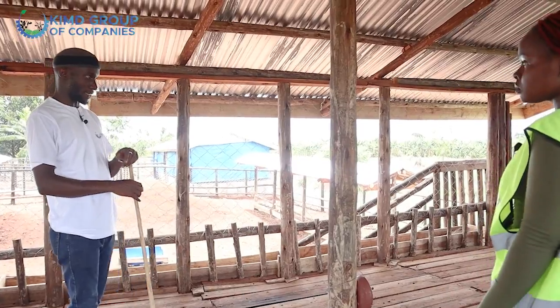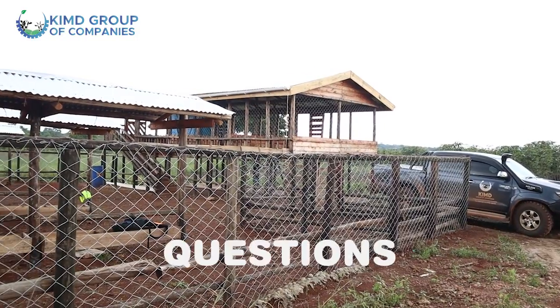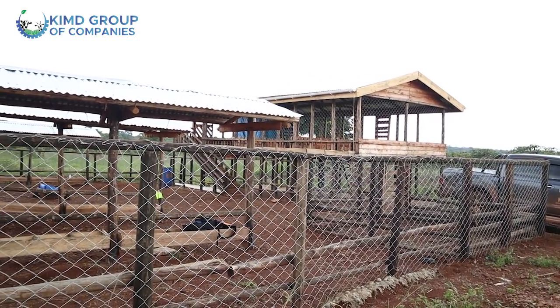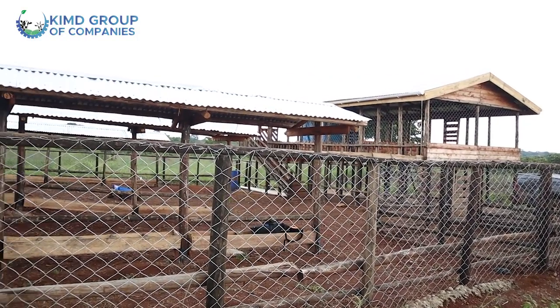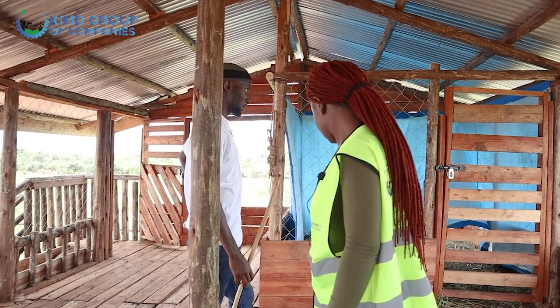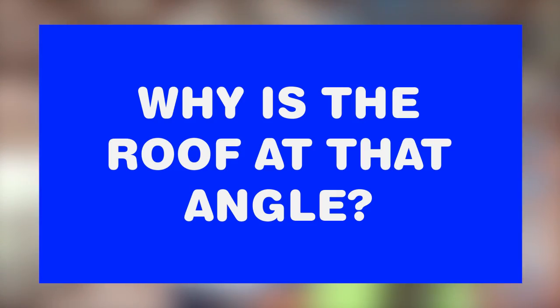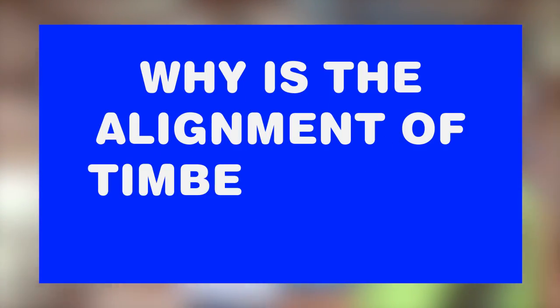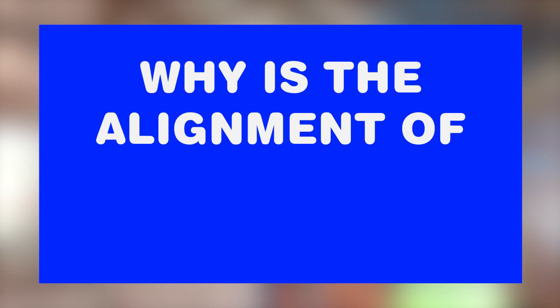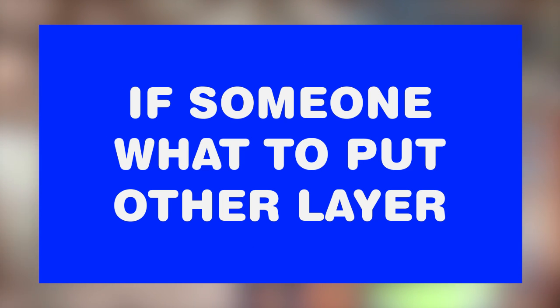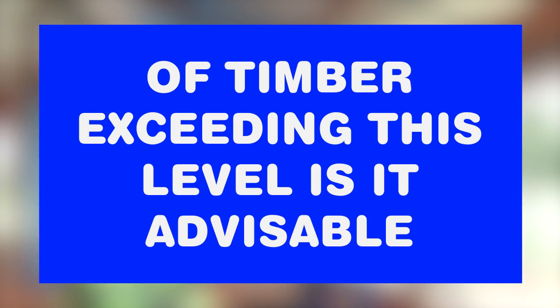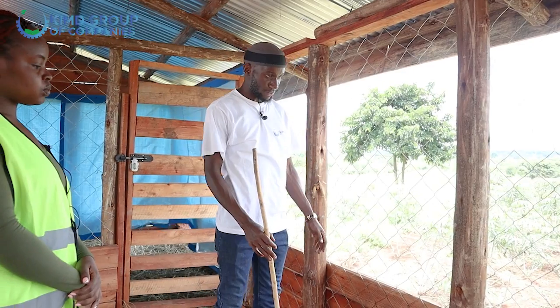Let me ask my designer here some of the questions, and she can elaborate for us. I know that many people out there might be wondering some of the things. Why is the roof at that angle? Why is the alignment of the timber in this way? If someone wants to put other layers of timber exceeding this level, is it advisable?